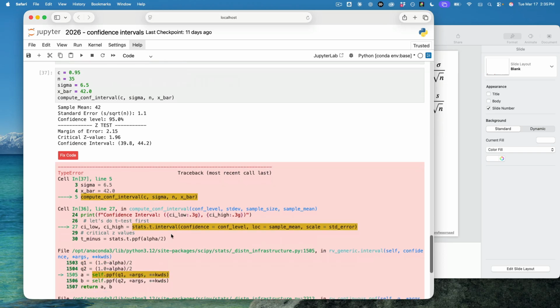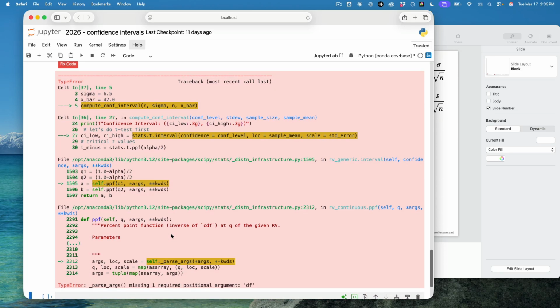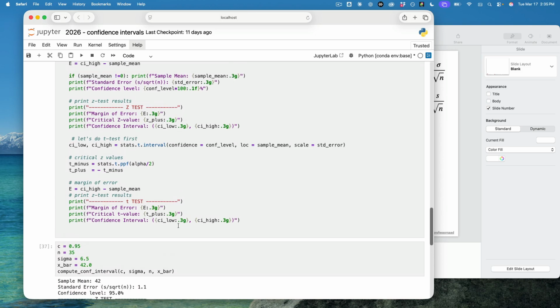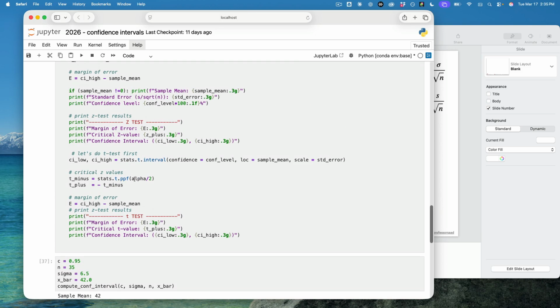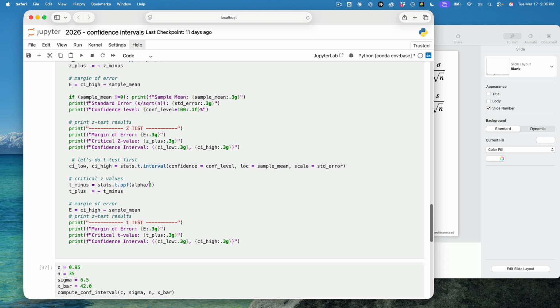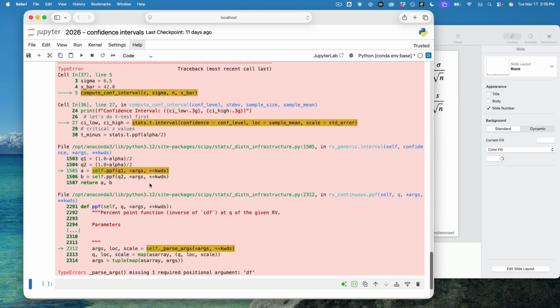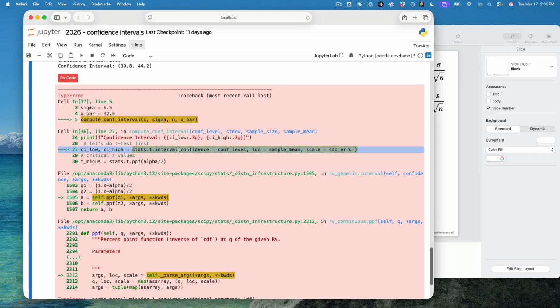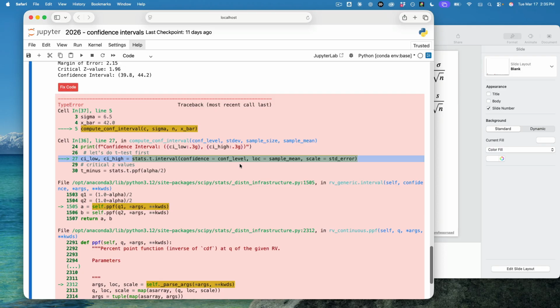Hold on, what's going on here? Stats.t.ppf. Hold on. It's coming from here. Location, confidence level, location, sample mean, scale, standard error, and then t minus.